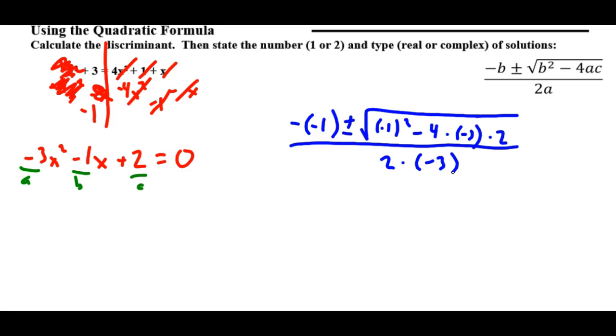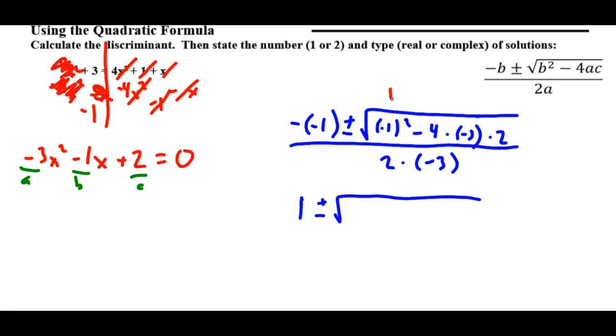So let's work out the math in each of these parts. Negative 1 is positive 1. So that first part is positive 1 plus or minus square root of, and we're going to clean this up. And I like to write this as a little sidebar up here. I've got negative 1 squared. That means negative 1 times negative 1. Negative times negative is positive. 1 times 1 is 1.